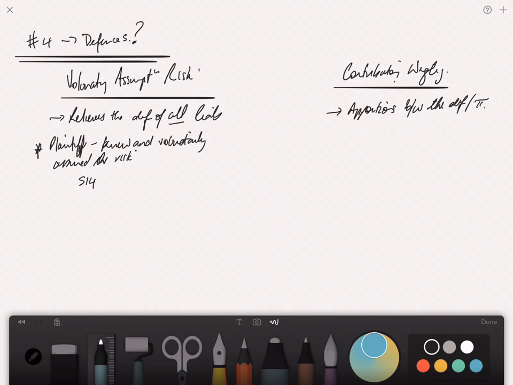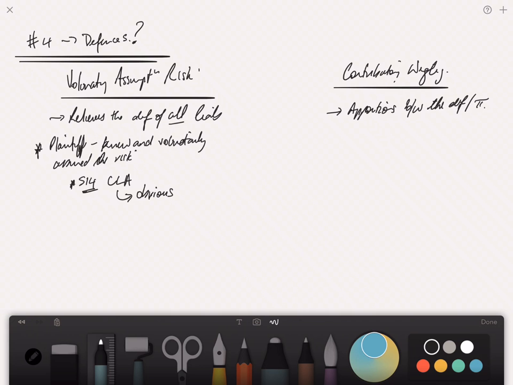Section 14 of the CLA makes this a little bit easier because it says that a plaintiff will be presumed to be aware of an obvious risk, where an obvious risk is one that would have been obvious to a reasonable person in the position of the plaintiff. So Section 14 makes it a bit easier to say that the plaintiff should have been aware of the risk and known about it when they took it on, but you're still going to have to show that the plaintiff took on the risk aware of the legal consequences, which means in reality it's still quite difficult to make out.